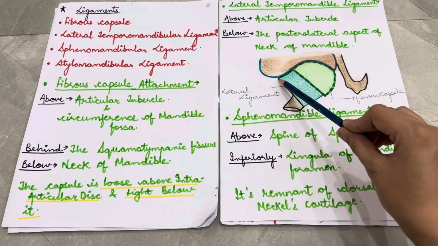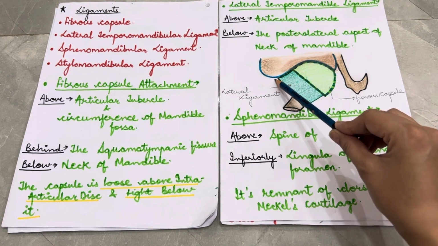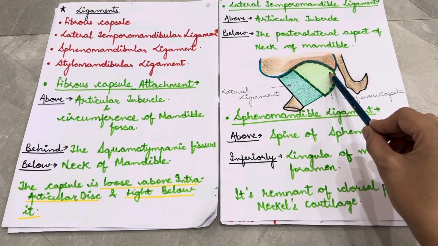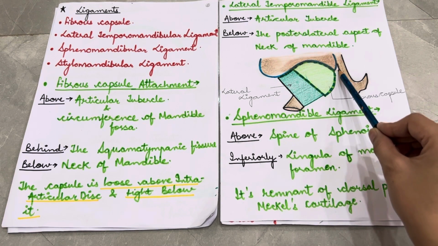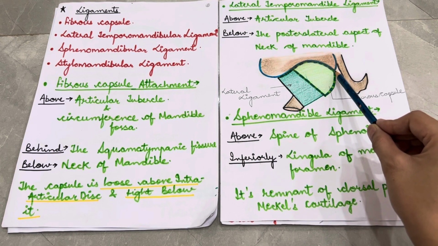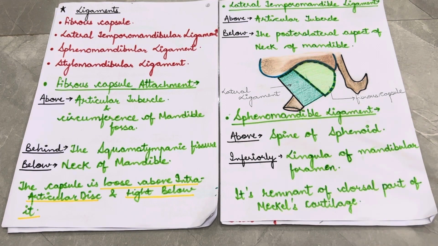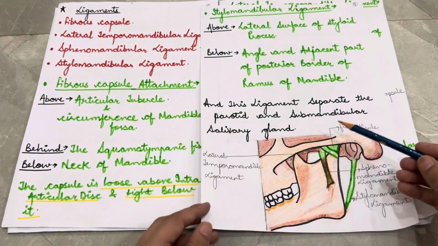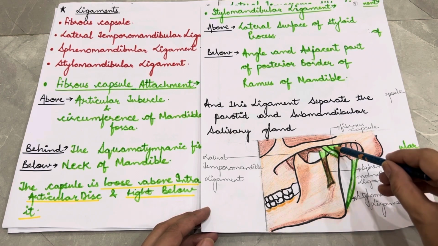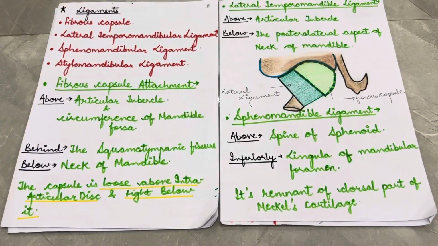Above, it is attached to the articular tubercle and the circumference of the mandibular fossa, and behind to the squamotympanic fissure. This is the squamotympanic fissure, and behind it is located here. Below, it is attached to the neck of the mandible, as you can see in this diagram.